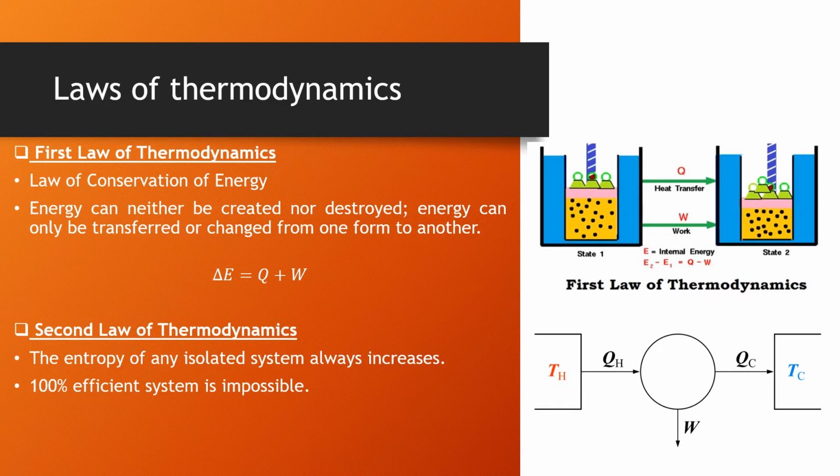Now, during this time, you would have some work done by the system due to this flow of heat. Rankine cycle basically works on this principle, using high temperature fluid and extracting that heat to produce energy, or work done.